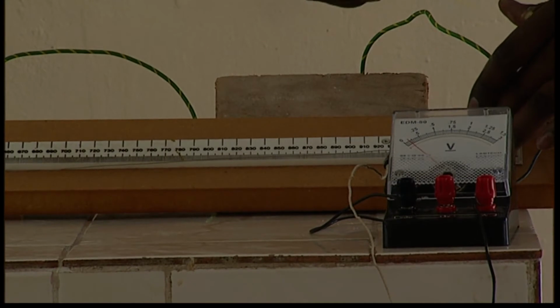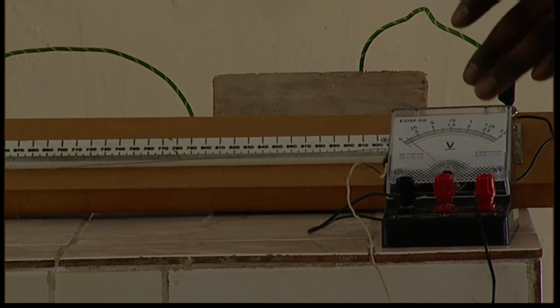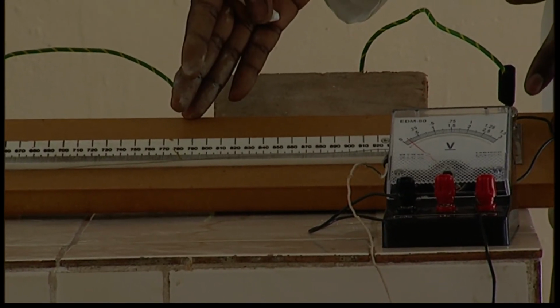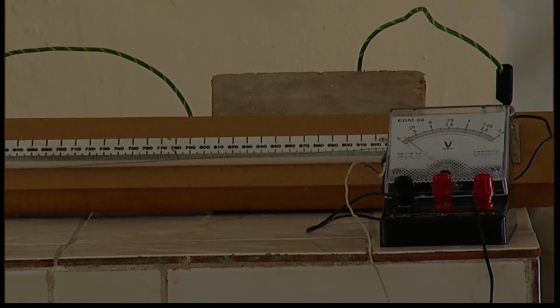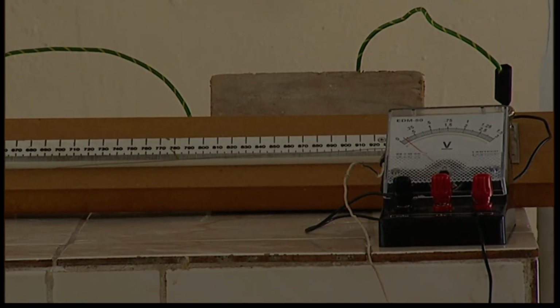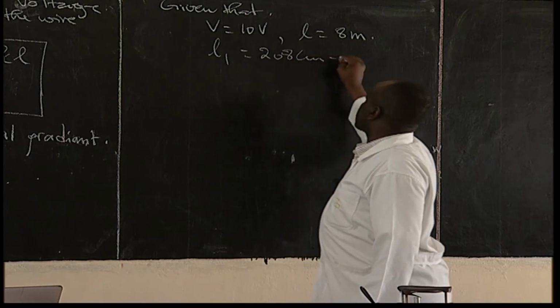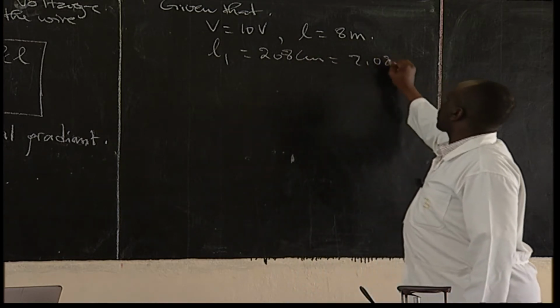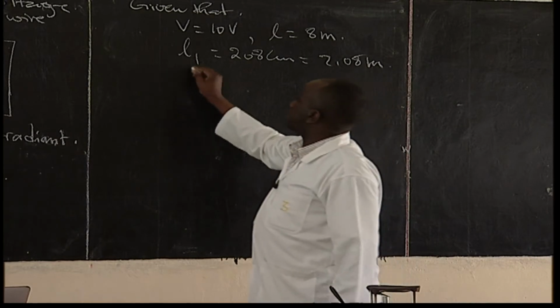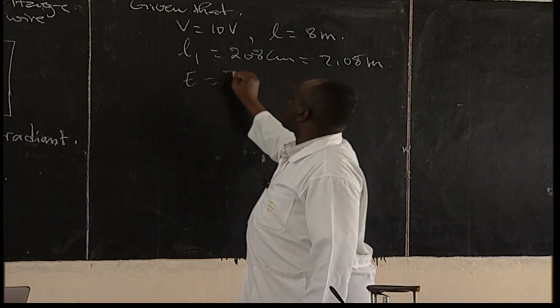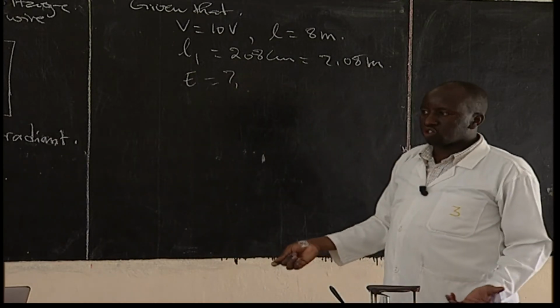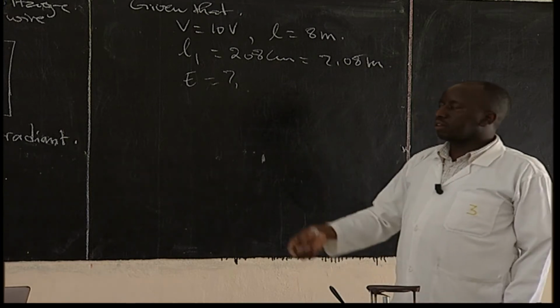It is 8, but remember, this is the whole length. And then what you measure is that 10 volts. But if there is another length L1, which is equal to 208 centimeters, this gives 2.08 meters, then find E. So this E balances against the length of that one.